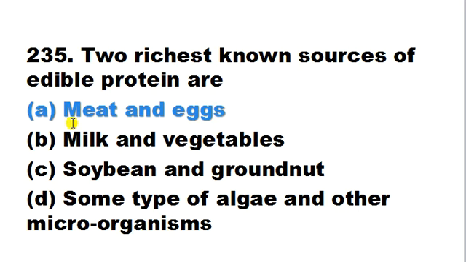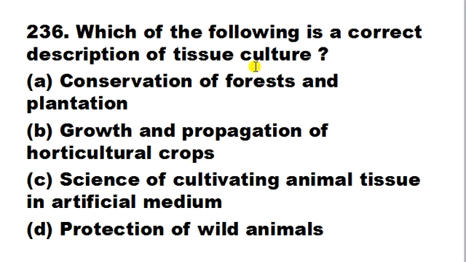Which of the following is a correct description of tissue culture? A. Conservation of forest and plantation, B. growth and propagation of horticulture crops, C. science of cultivating animal tissue in artificial medium, D. production of wild animal. Its correct answer is B. Tissue culture means the growth and propagation of horticulture crops, and it is an in vitro technique.